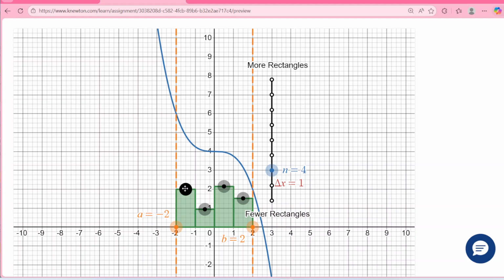So again, you're dragging the black points here to move the heights. Now, upper sum means in each of these pieces, like the first piece here is from -2 to -1, you plug in a value that will give the highest output possible, the maximum output possible in that piece.